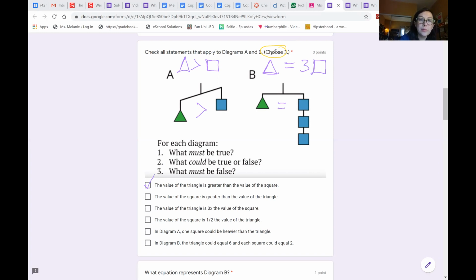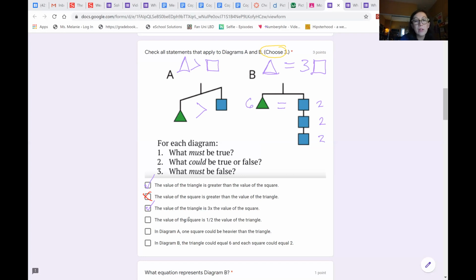No, because that's the opposite of what we just said. The value of the triangle is 3 times the value of the square. So that's what we have over here. The value of the triangle is 3 times the value of each square. Like, if each square was 2, then the triangle would equal 6, which is 3 times as much as 2.